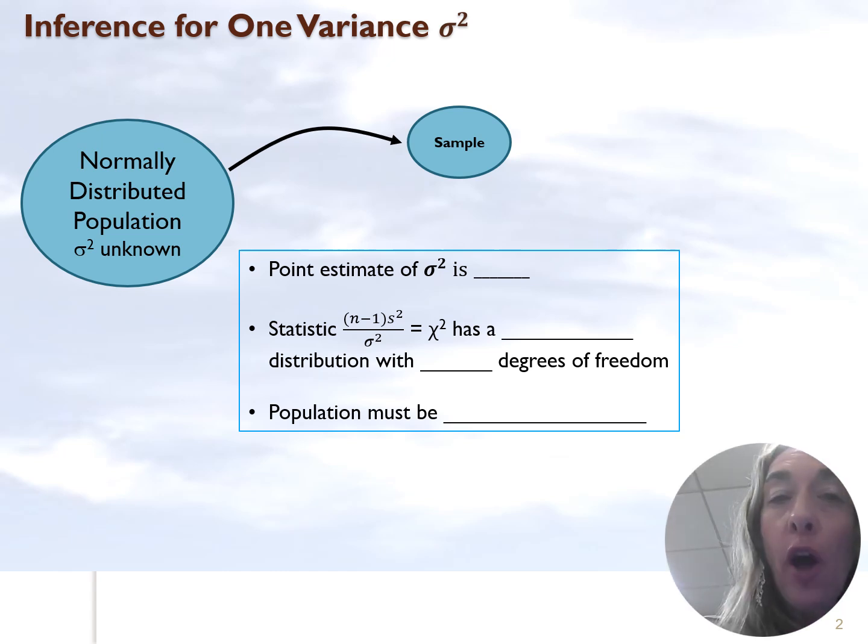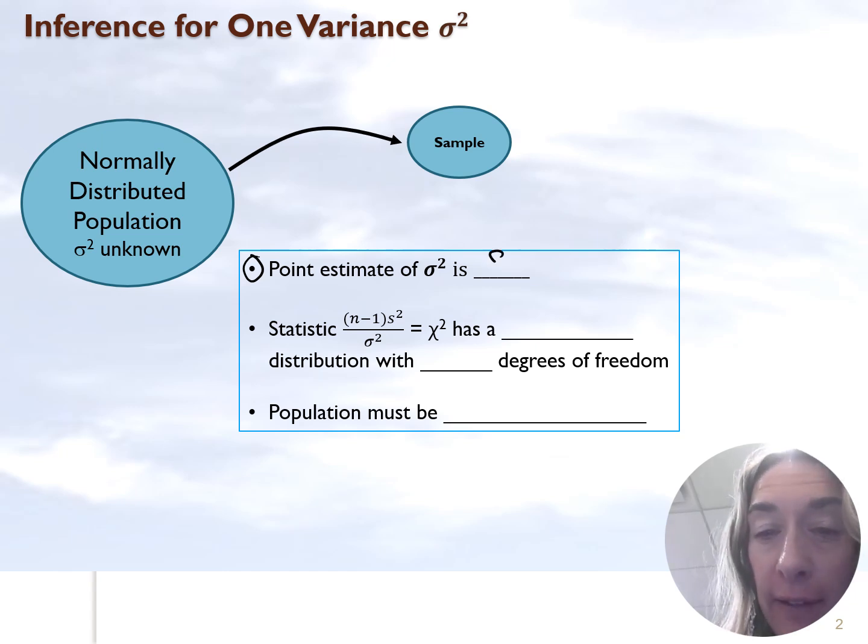For inference on one variance sigma squared, we know that a point estimate for sigma squared is S squared, or the sample variance.